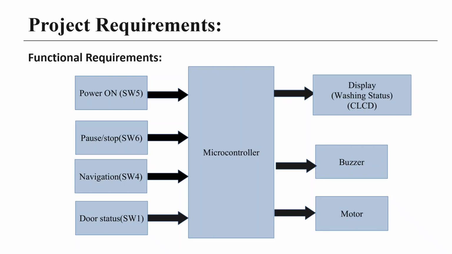The functional requirements include the power on function, stop function, navigate function, and door status function, which are provided using various switches. They are provided as the input to the microcontroller. And the washing status is displayed through the CLCD. The buzzer and motor or the fan are used for the output.